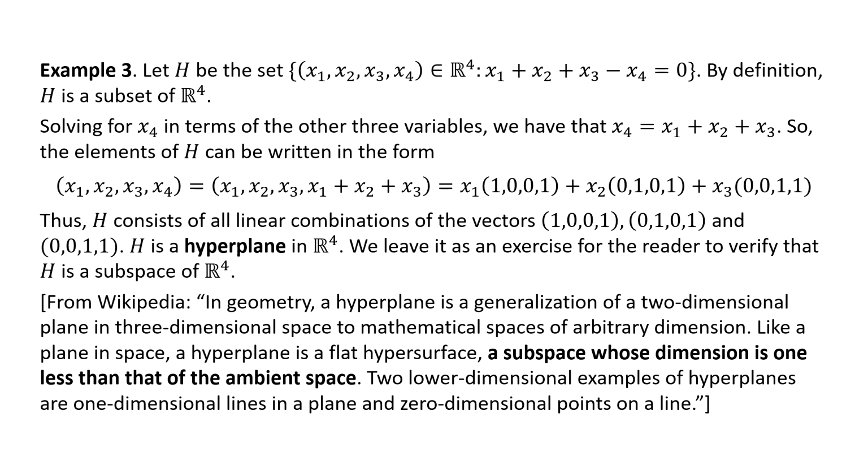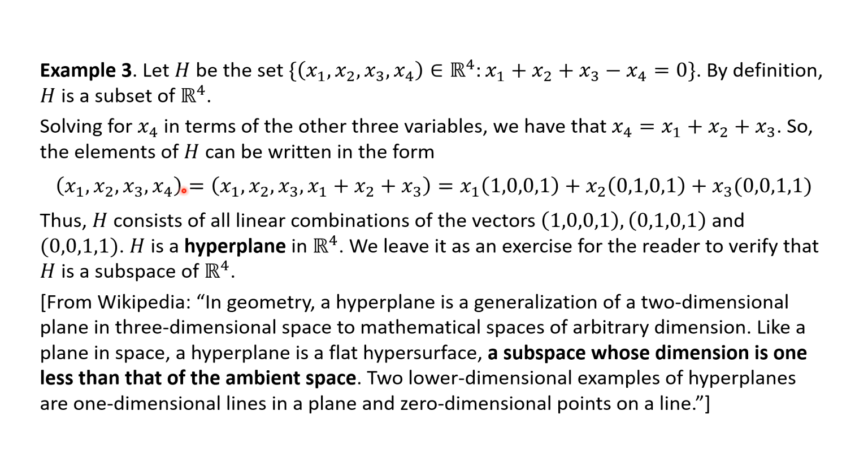The example we have here is very similar to the one from the previous slide, except now we have a subset of R4 that obeys this property here. We can rewrite this property as x4 equals the sum of x1, x2, x3.